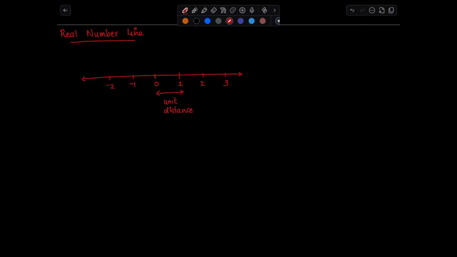Now when we lay out these numbers graphically on the real number line, we also see an inherent order to them. That is, as you move from left to right, there's a linear incrementing of the numbers.